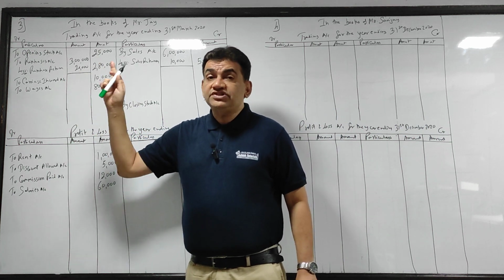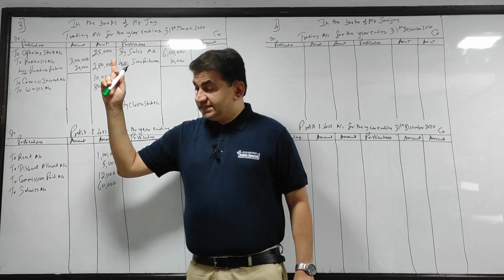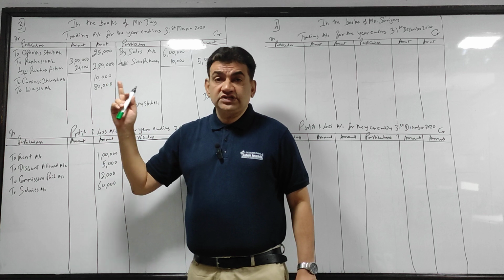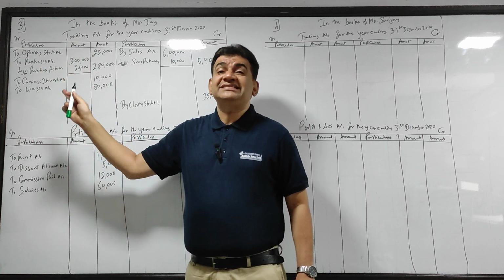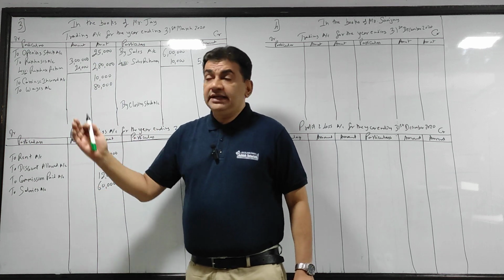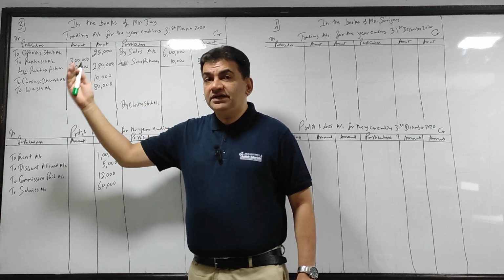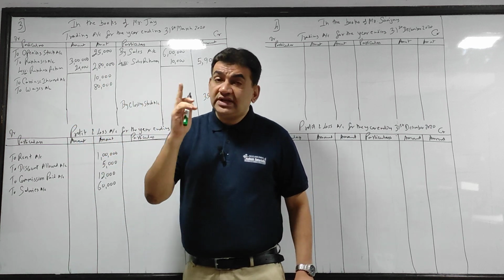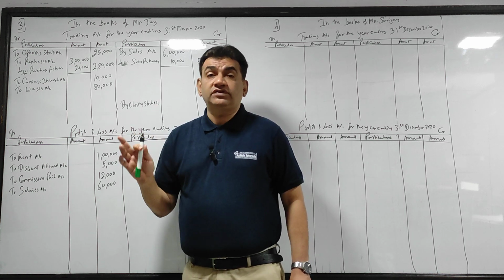Carriage inward is transport charges paid on purchase of goods. Since it is related to purchase of goods, we will debit trading account because it is a direct expense. Carriage outward. Inward, goods come in. Outward, goods go out. So carriage outward is carriage paid on sale of goods.